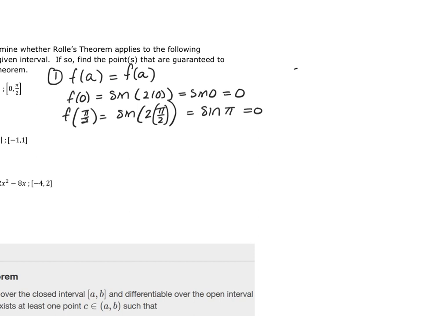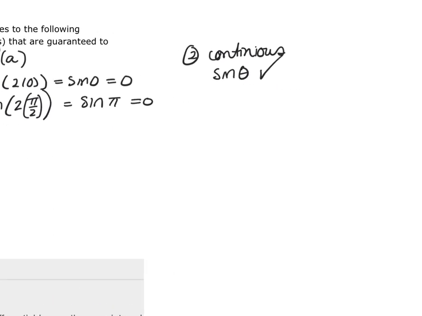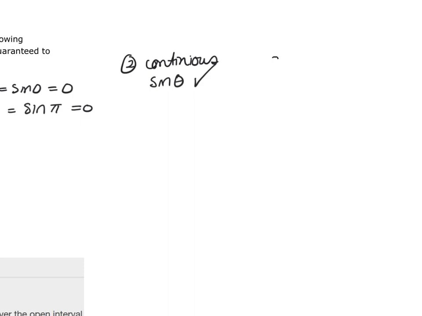The second thing that I have to confirm is that it's continuous. Well, because it's a sine wave, and the sine of any angle theta is continuous on its domain. In fact, its domain is from negative infinity to infinity. So the continuity is confirmed. The third thing that has to happen is that the derivative must exist.